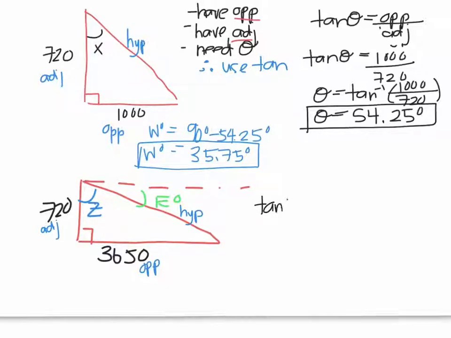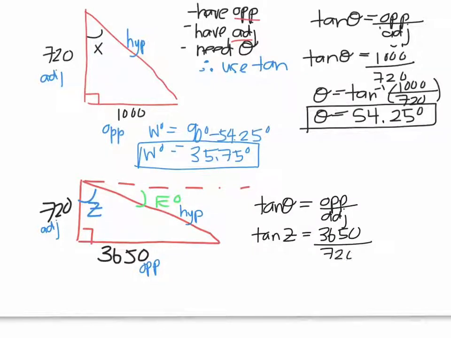So if we write out tan of our angle is equal to opposite over adjacent. If we fill it in, we have tan, instead of theta I can also put Z, is equal to opposite, which is 3,650, divided by adjacent, which is 720. So now if we want to get Z by itself, we're just going to do tan inverse of that whole ratio.